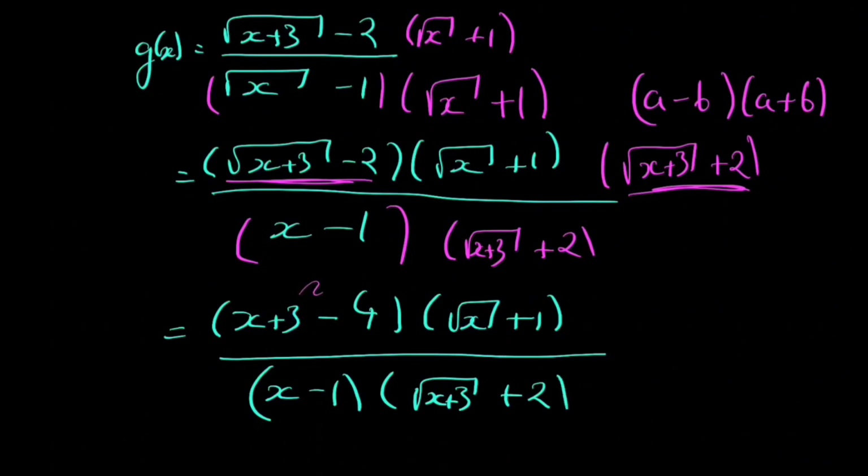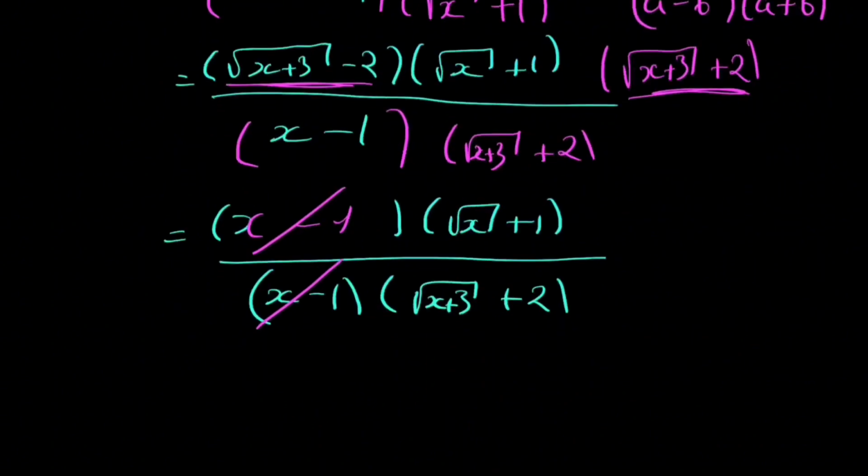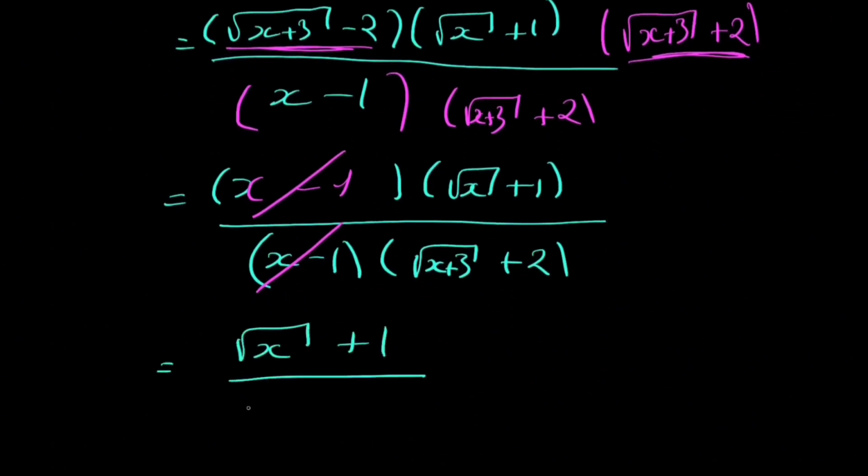Let's simplify this. x plus 3 minus 4 is equal to x minus 1. We can simplify at the top and at the bottom. And we've got square root of x plus 1 over square root of x plus 3 plus 2.